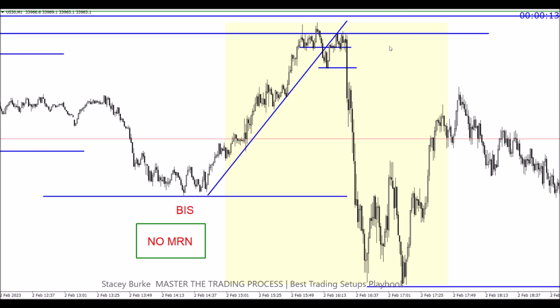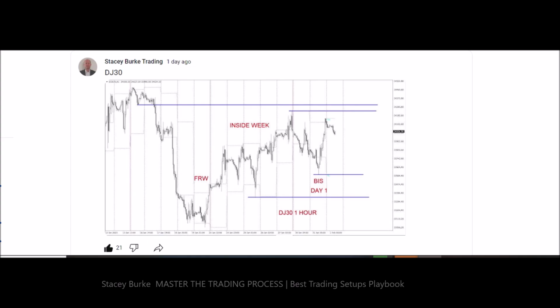We've already broken out of the high of the week. Something else I had mentioned in the post earlier in the week was that the previous week was an inside week. So we had week 1, week 2 inside week, and then we broke the high of the inside week after making a lower low on our day 2. That break in structure on the inside gave us the anchor point for the pump and dump, day 1, day 2, day 3.